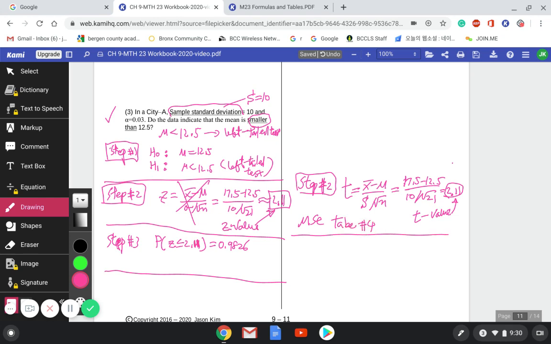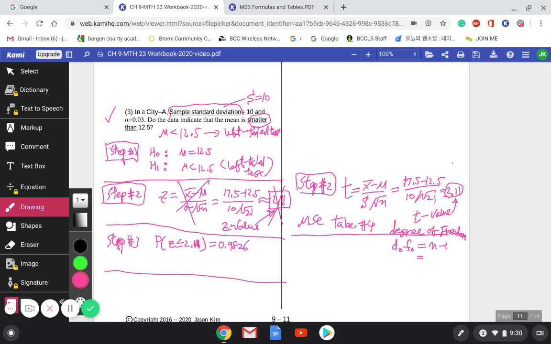Okay, so you mean it's not 2.11? No, it's not. So, let's see how you find the probability when we use table number 4. But before you do that, not only do we need 2.11, you need something called degree of freedom, which is d.f. That's always n minus 1.